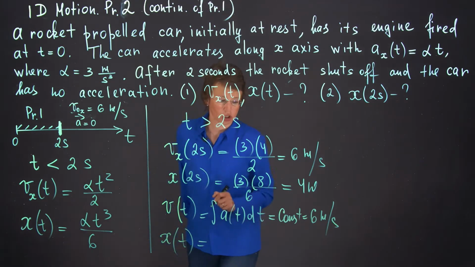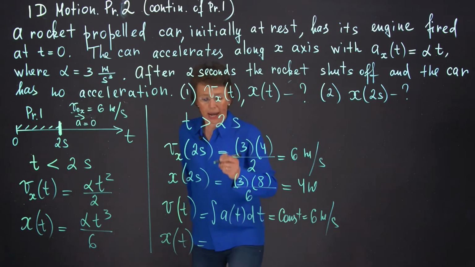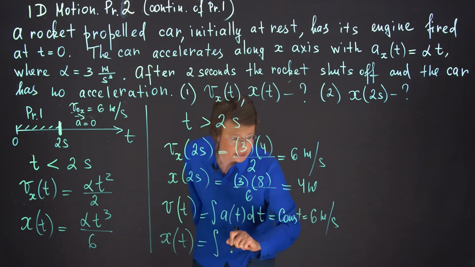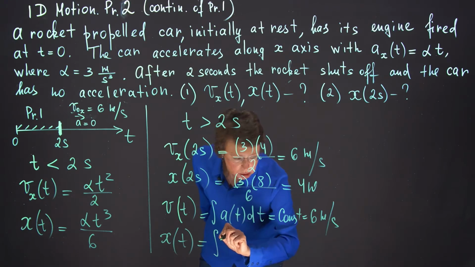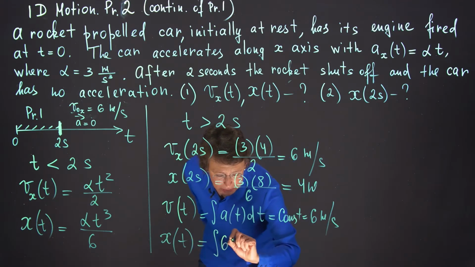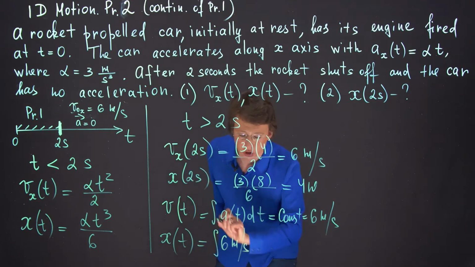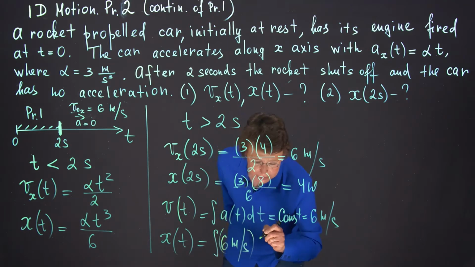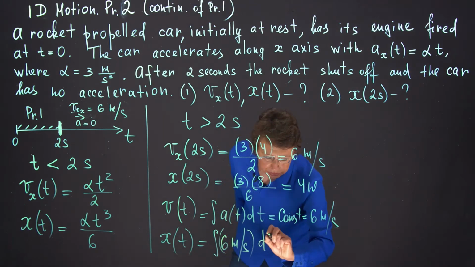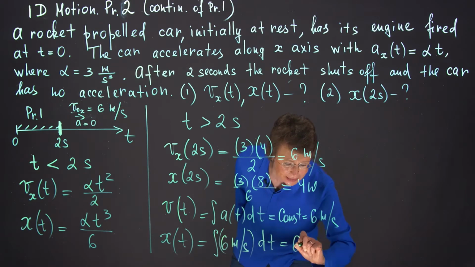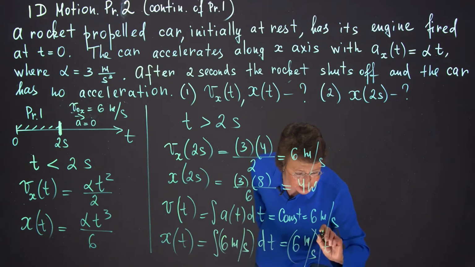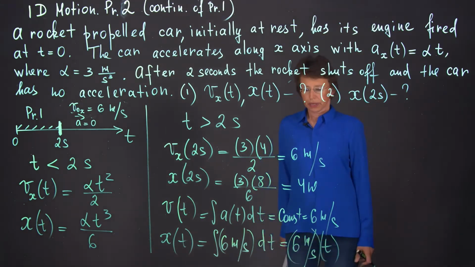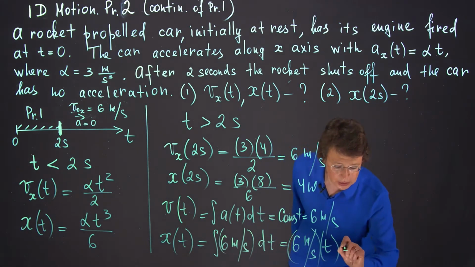For the position, I integrate the velocity. Velocity is constant, 6 meters per second, and this integral dt. So I have 6 meters per second times time in seconds for the position plus constant.